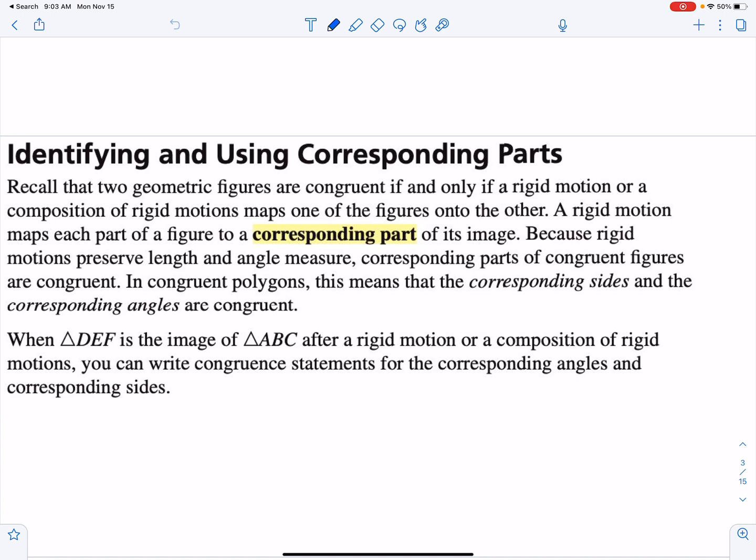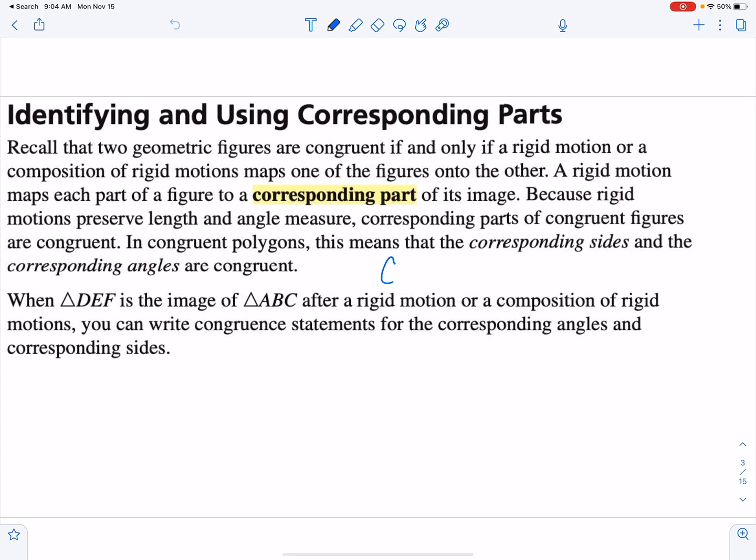So it says when triangle DEF is the image of triangle ABC after a rigid motion or a composition of rigid motions, you can write the congruent statements for the following angles. So we can see down here. Before I slide down, I want to draw your attention to that corresponding parts of congruent figures are congruent. When we do proofs this chapter, remember that was CPCTC.